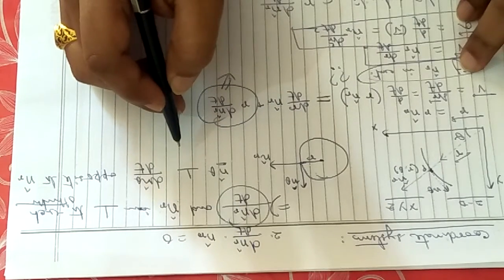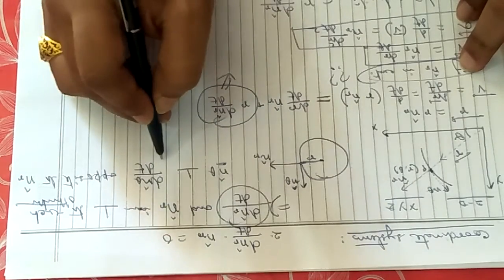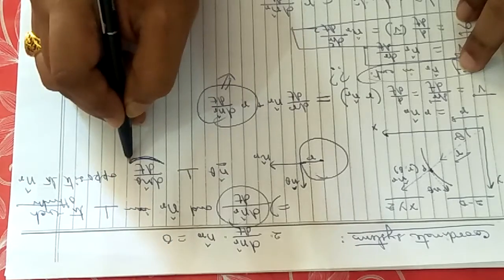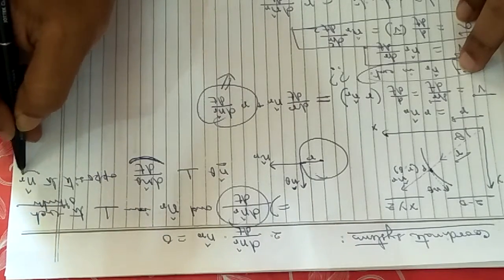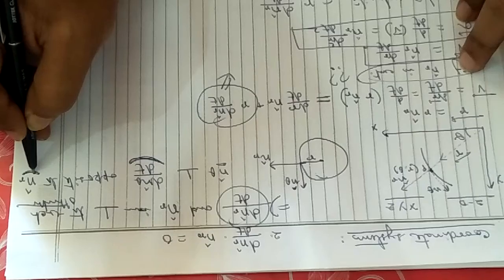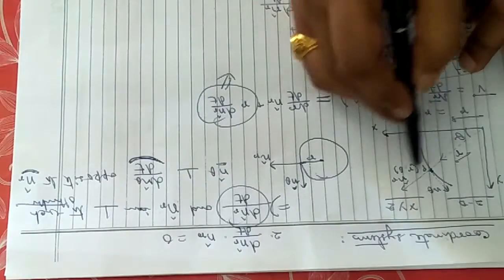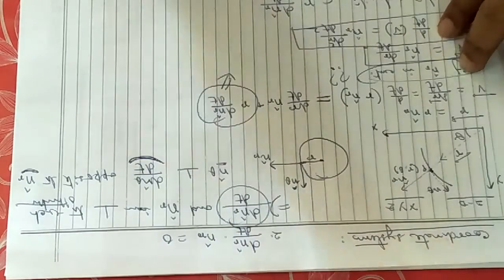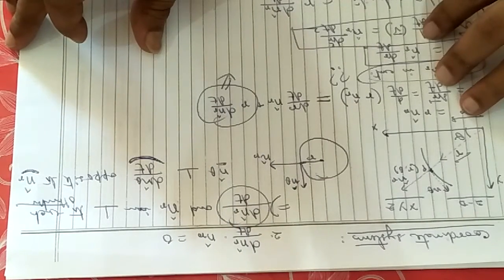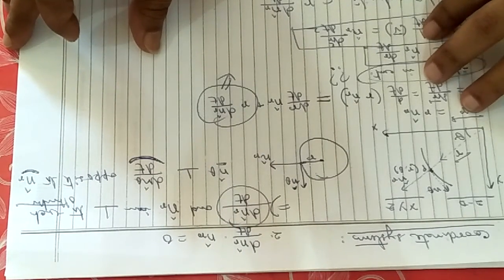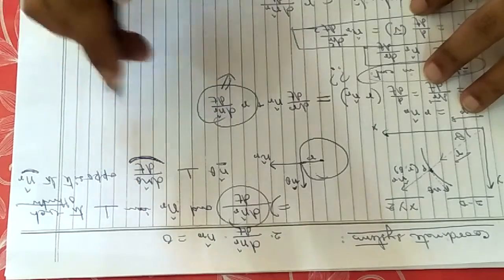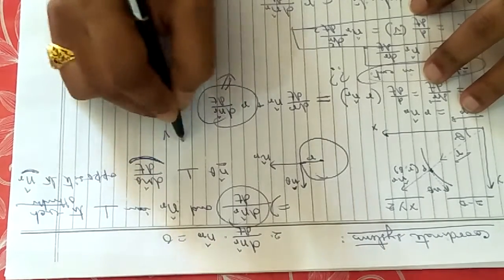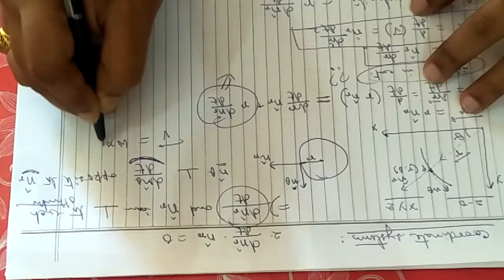So if you ever find d n theta dt, instead of that you can put nr cap with a negative sign. So actually the two unit vectors are related to each other. From the concept of transverse direction velocity, you can write v equals omega cross r.